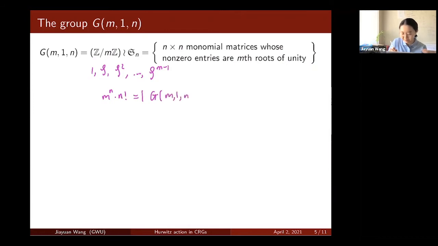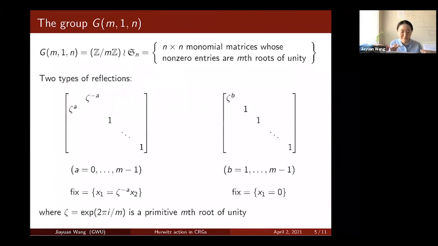So this group G(m,1,n) is almost the symmetric group, but the difference is that for each non-zero entry, instead of just having 1, we now have more choices. And in this particular group, we have two different types of reflections. The first one is the transposition-like one. It is called transposition-like because the underlying permutation here is a transposition, and all the zetas are primitive roots of unity, and the exponents here have choices.